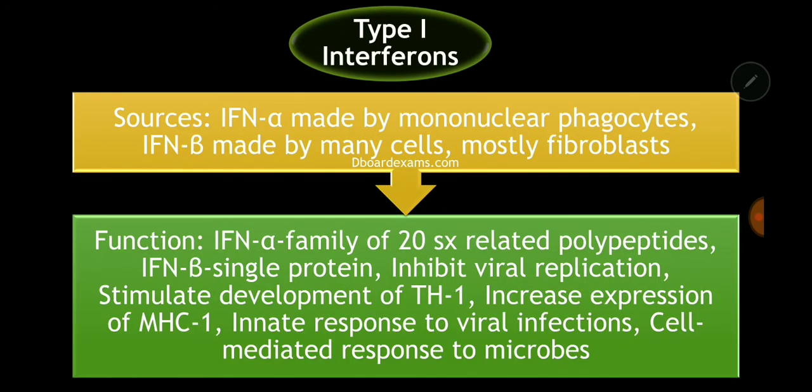Now let's discuss type 1 interferon. We discussed the interferon which is produced by the natural killer cells. So the interferon type 1, such as interferon alpha, is made by mononuclear phagocytes, dendritic cells, monocytes, and interferon beta is made by many cells such as fibroblasts.